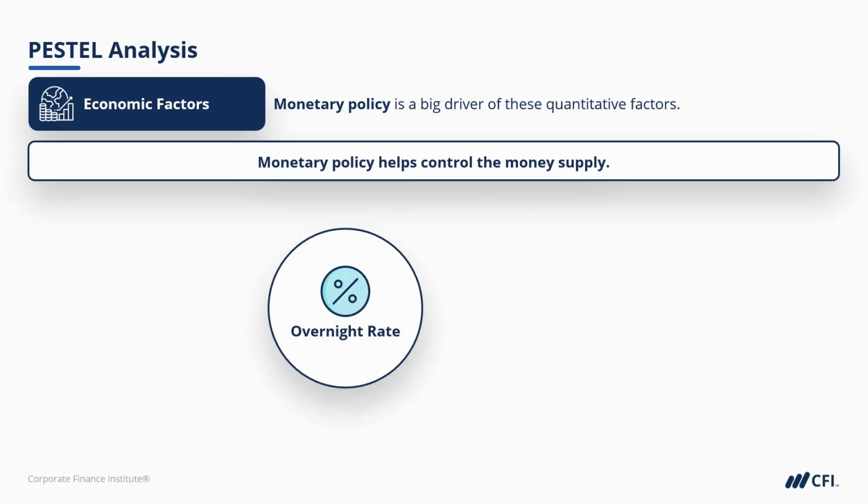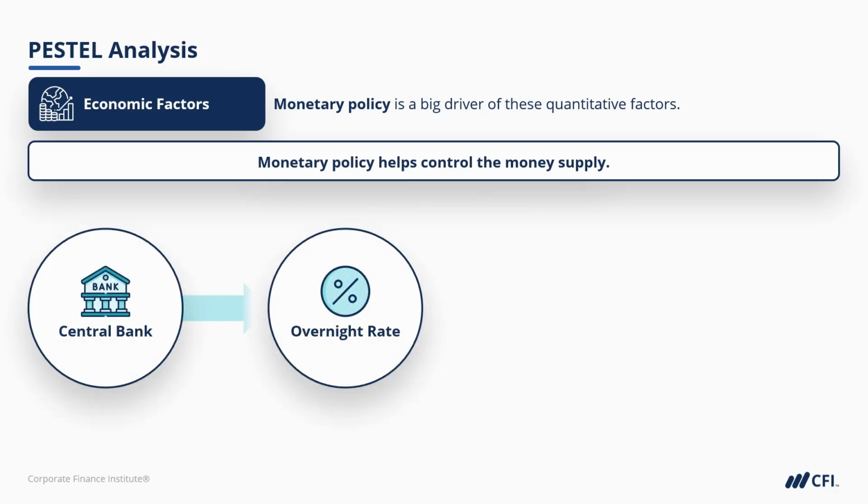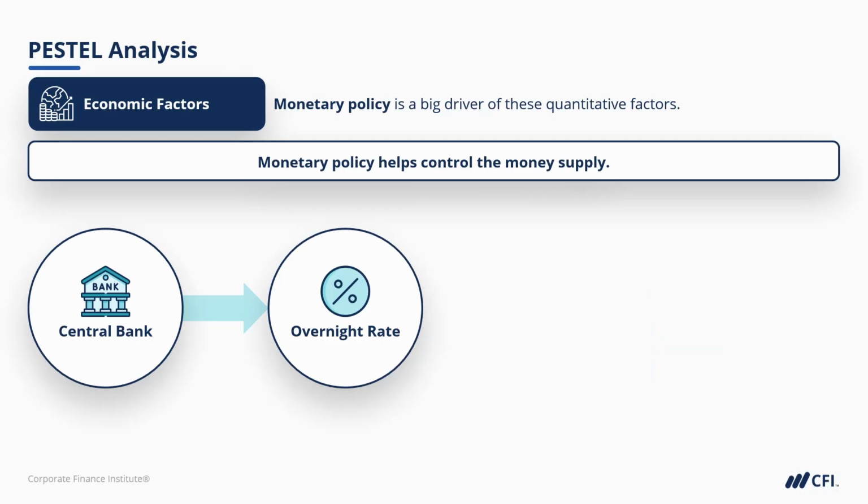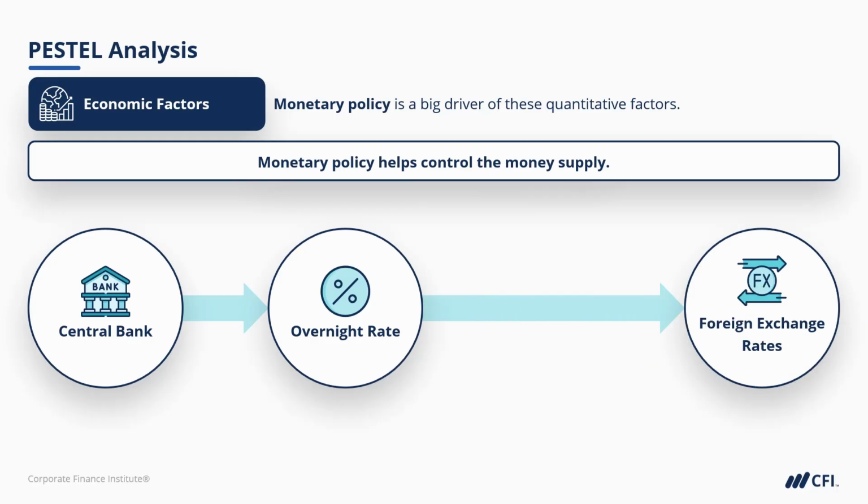Overnight lending rates are a lever used by central banks to help try and manage inflation. They influence bond yields and the cost of borrowing more broadly, which affects spending in the economy. Prevailing rates also have a direct impact on foreign exchange rates due to inflows and outflows of capital. Foreign exchange considerations are included in this section too.